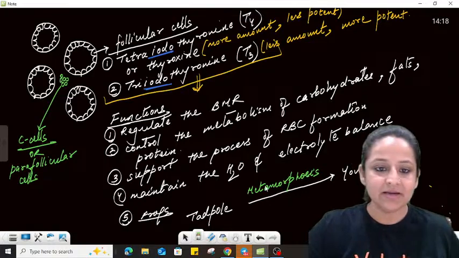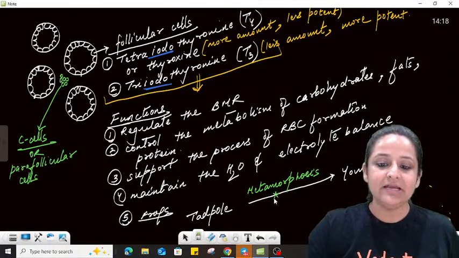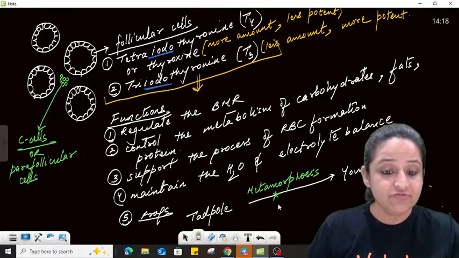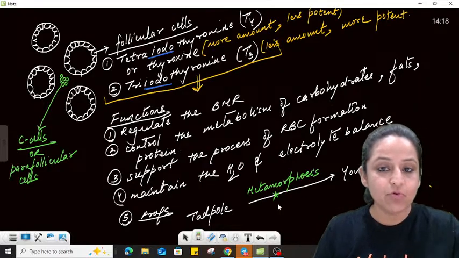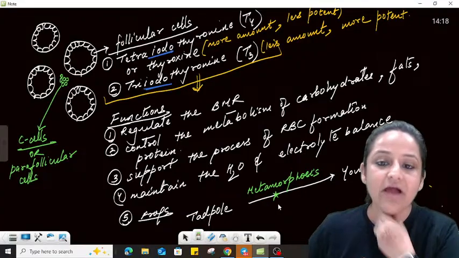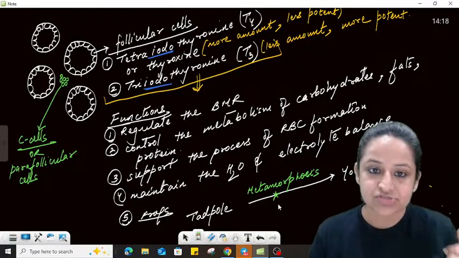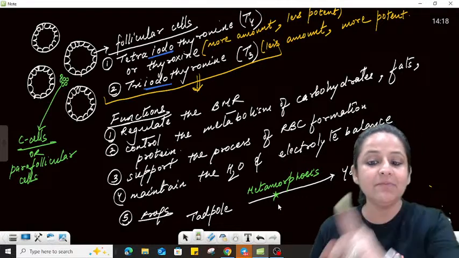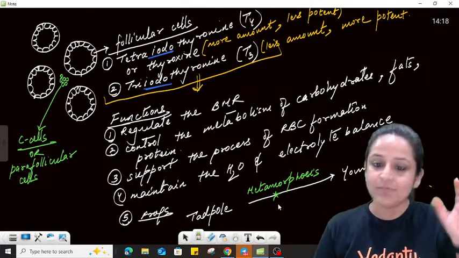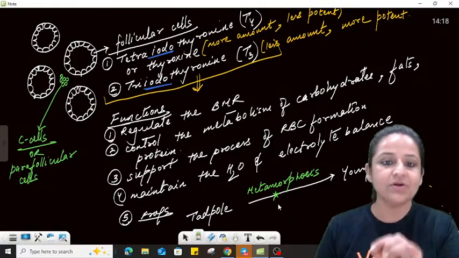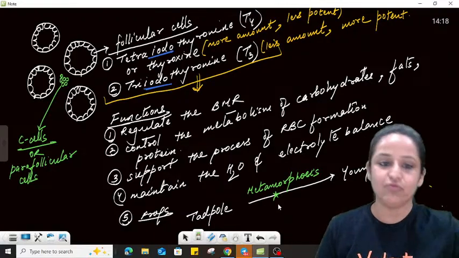Who is helping in metamorphosis? The T3 and T4 hormones. If we remove the thyroid gland from the tadpole, or if it is not able to produce this thyroxine hormone properly, then the metamorphosis will not take place. So metamorphosis of the frog is also under the control of T3 and T4 hormones.